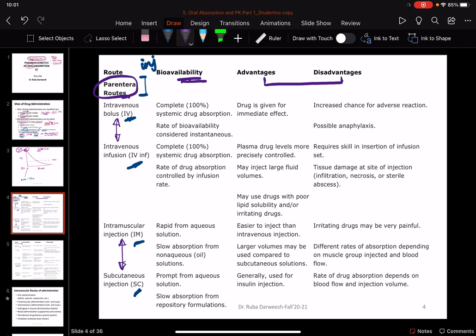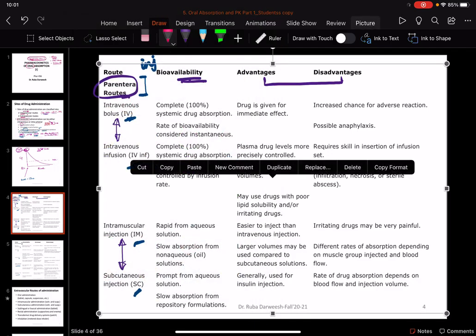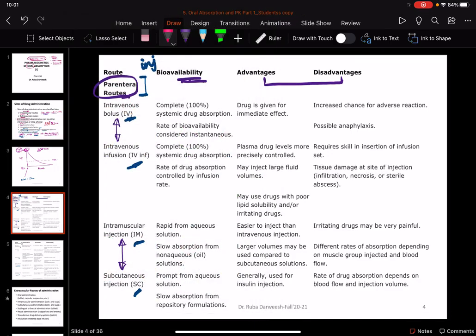What I'm interested in here is the bioavailability for IV, which is complete, 100% for IV bolus, and the same for infusion. Why is that? Because the drug is directly entering the systemic circulation. When we say it's completely bioavailable, it means it's available in the systemic circulation.